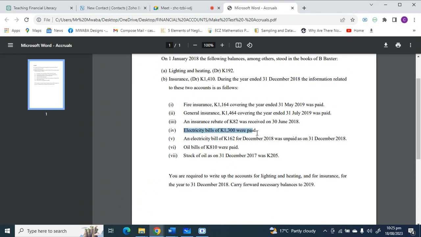So you debit electricity bills 1,300 and you credit cash. So this 1,300 will go to lighting and heating.